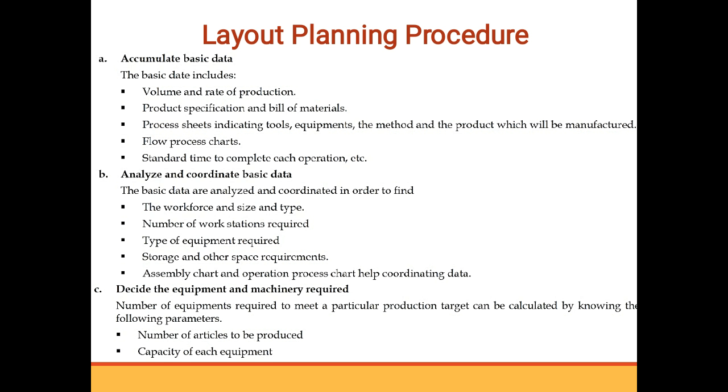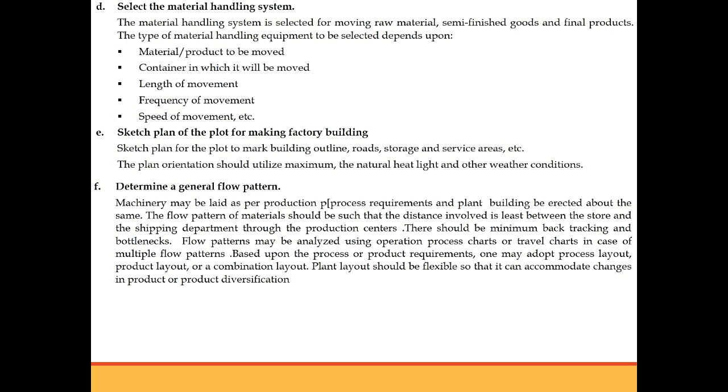Once the data is analyzed, then we have to choose the equipment and machinery required. Here we have to decide how many equipments are required to meet the production target, and it is to be calculated on the basis of the volume, the capacity of each equipment, and the time. So these parameters are considered while deciding the equipment and machineries.